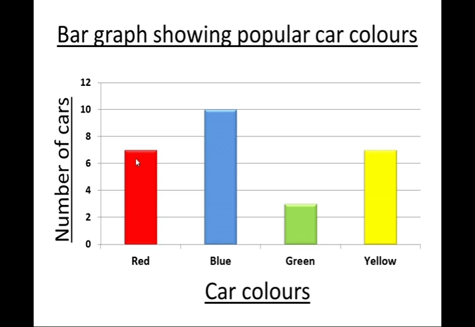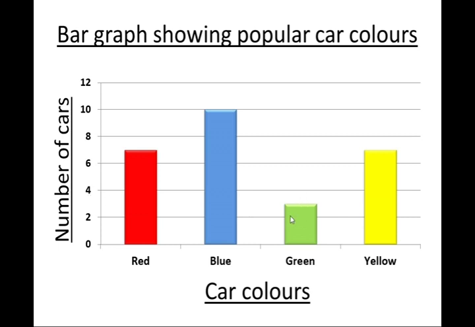the survey. The blue cars reach the line which says 10. So there were 10 blue cars that were counted during the survey. The green cars, however, pass the line that says 2, but do not reach the line that says 4.